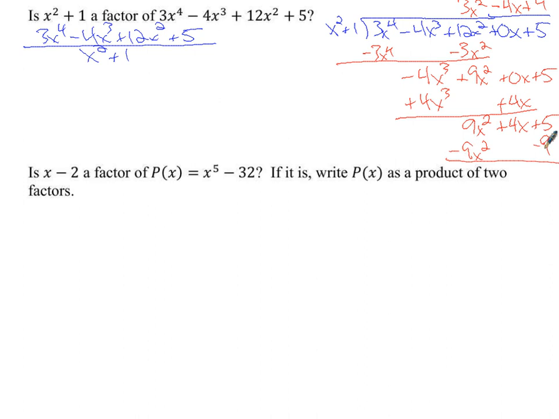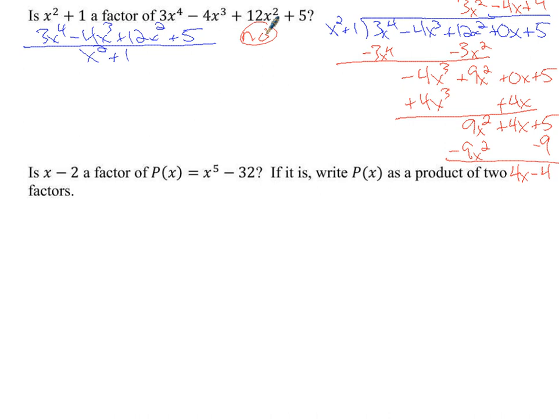The 9x squared disappears. The 4x comes down. I get minus 4 here. I'm out of terms. So I'm done. Therefore, to answer the question, is x squared plus 1 a factor? The answer here is no.